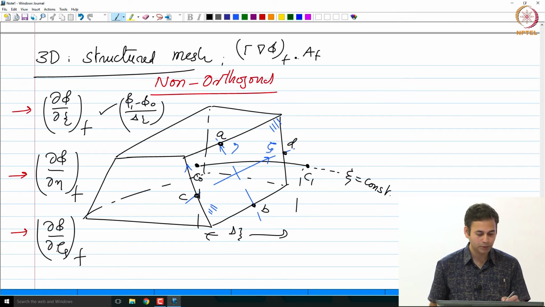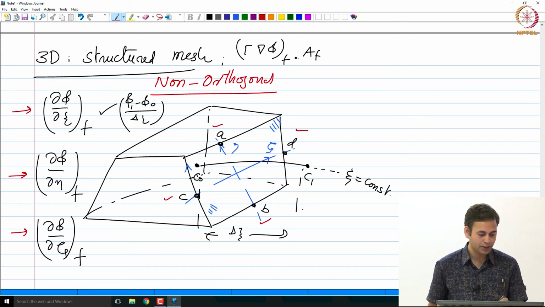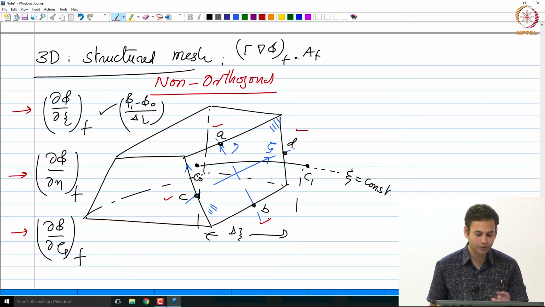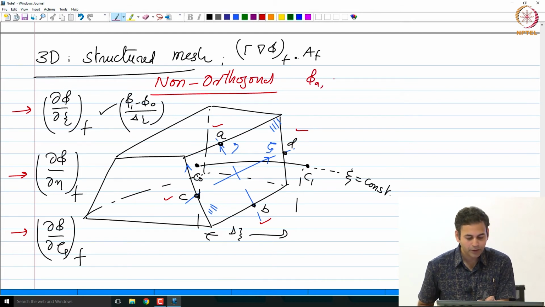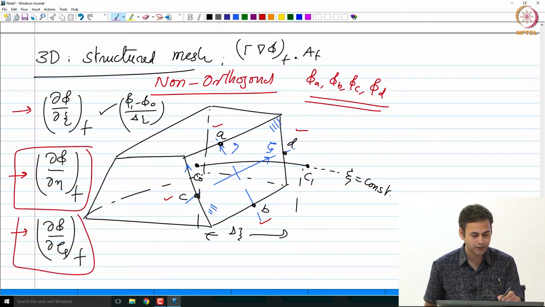You somehow have to interpolate to the vertices A, B, C, D. Once you have values there, you can calculate partial phi partial eta from A and B. Similarly, can you calculate partial phi partial zeta? You can calculate it from the values of phi A, phi B, phi C and phi D. We can obtain these 2 secondary gradients.